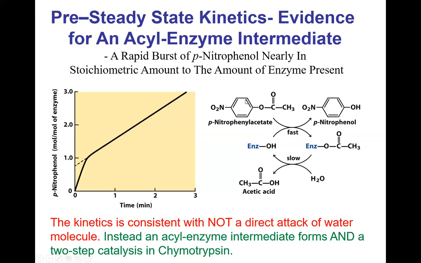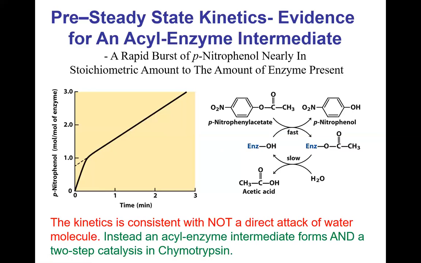And so the conclusion you can draw from this experiment is that there is a fast phase followed by a slow phase. Okay, two-step mechanism. In the fast phase, enzyme will grab para-nitrophenyl acetate and then form para-nitrophenol rapidly.